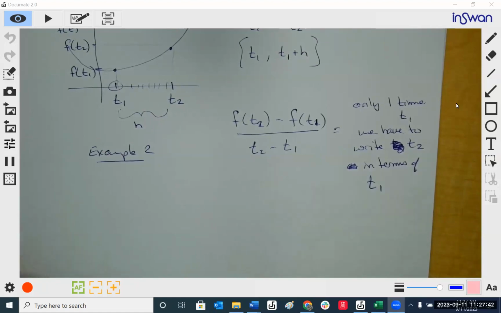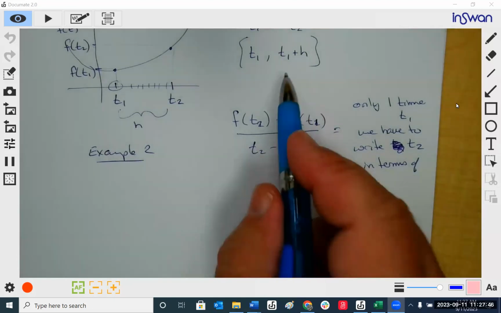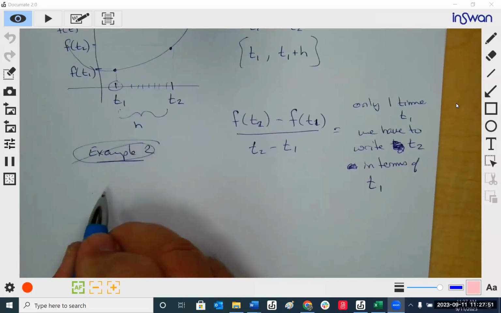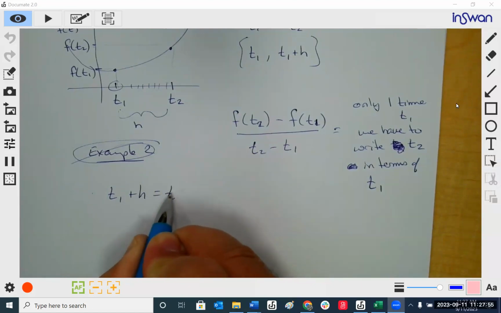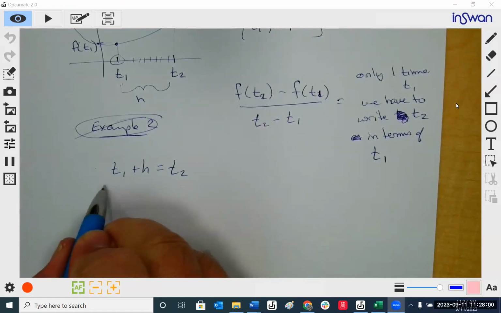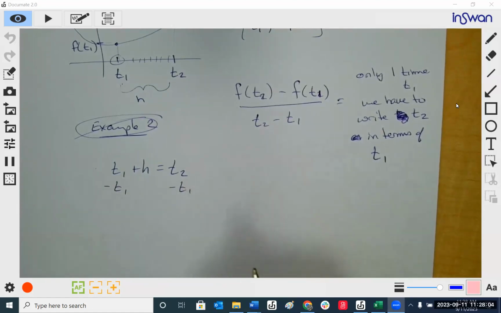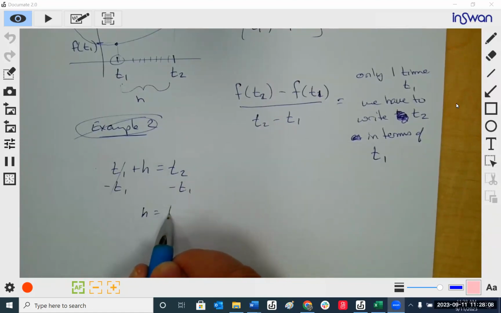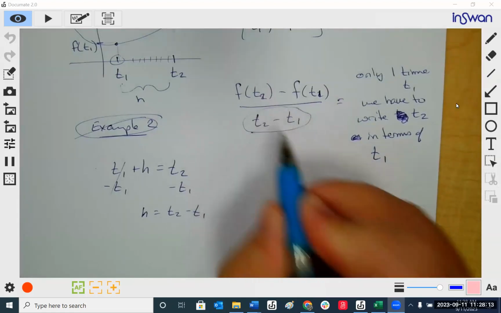So far, so good? In other words, looking up here, because we know that T1 plus H equals T2. If we subtract T1 from both sides, what do we get? Which is what this is.